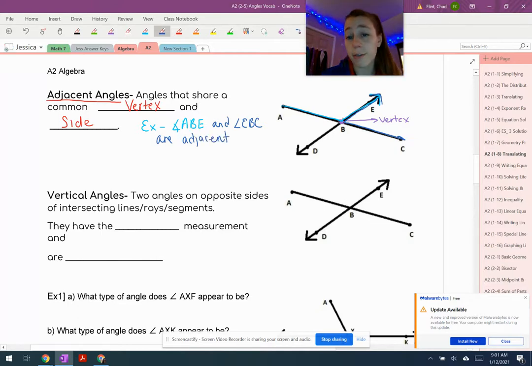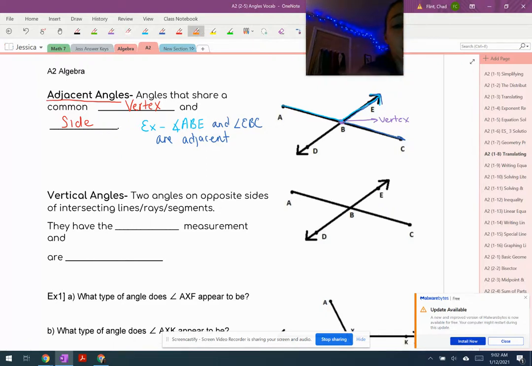So they share that vertex of B, and then they share the side BE. Those are adjacent angles.